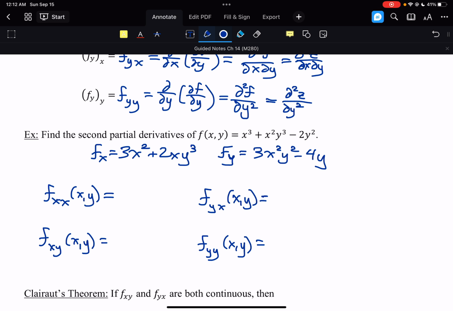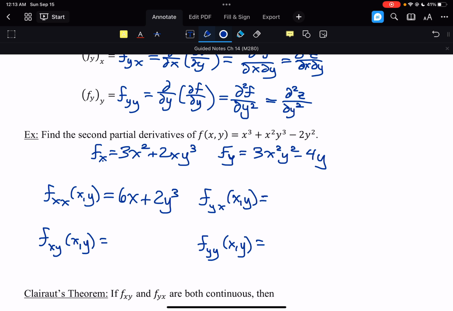So for fxx, we take fx, so this one, and now take its partial derivative with respect to x again. So with respect to x, we're going to get 6x plus, with respect to x, that becomes a 1, and the 2y cubed just tags along. So we get just plus 2y cubed.